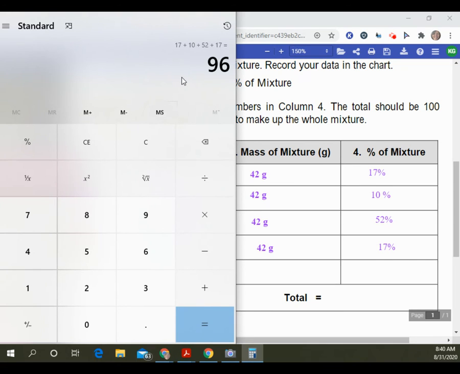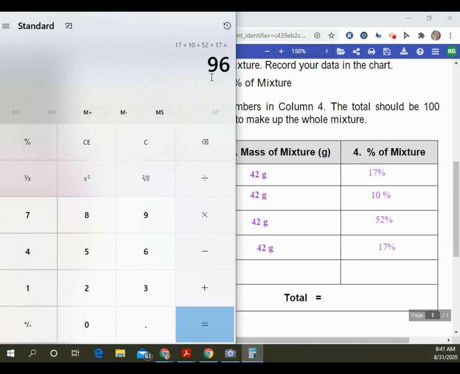Why doesn't it equal 100? It's pretty close. It would round to 100. Remember all the rounding we did? With every number, we rounded it off to a whole number. That is what causes rounding error. So when you come really close to 100 statistically, then you're pretty good.